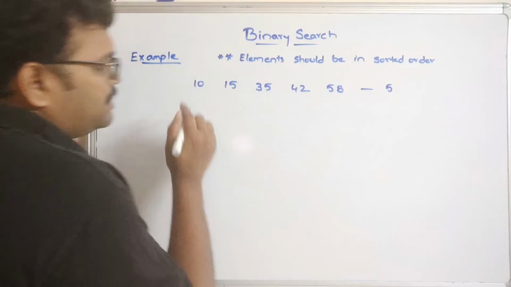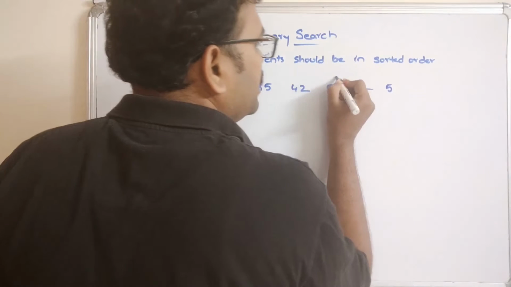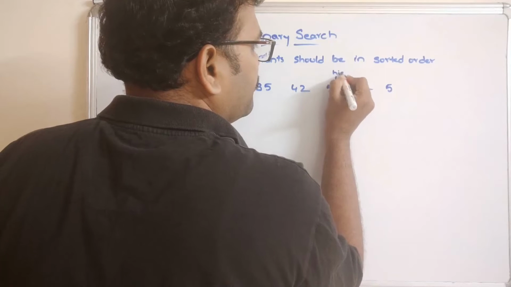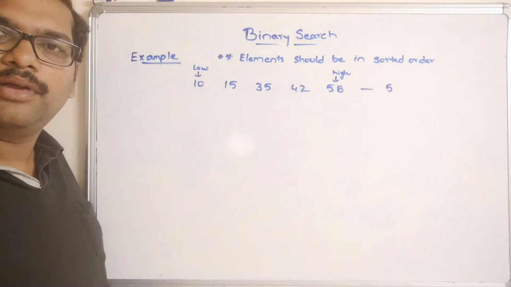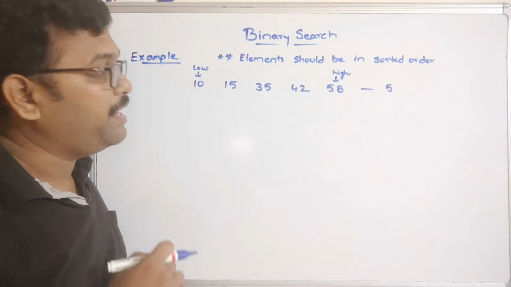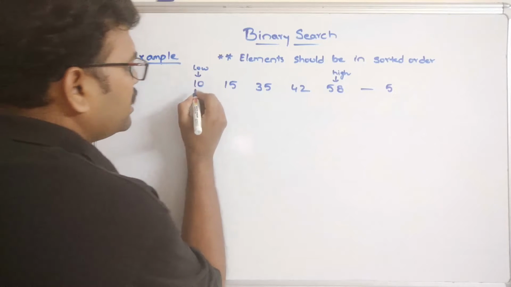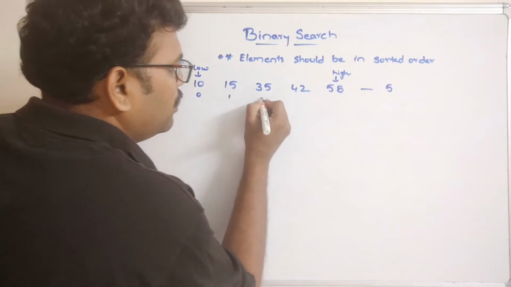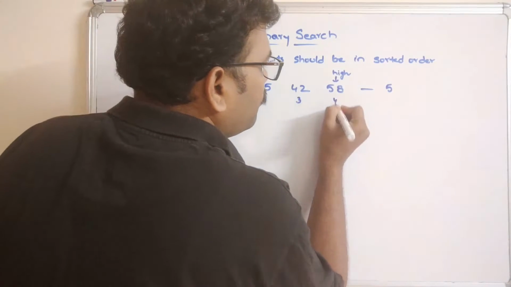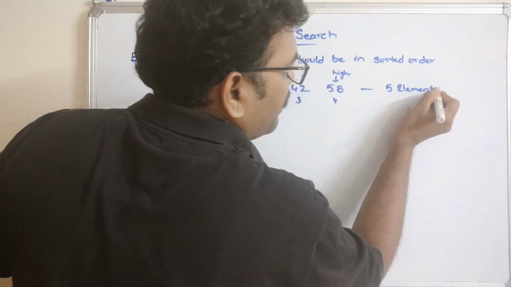Now consider this one as low, this one as high. Low and high. First we need to find the middle element. Consider the index values 0, 1, 2, 3, 4. These are the 5 elements.